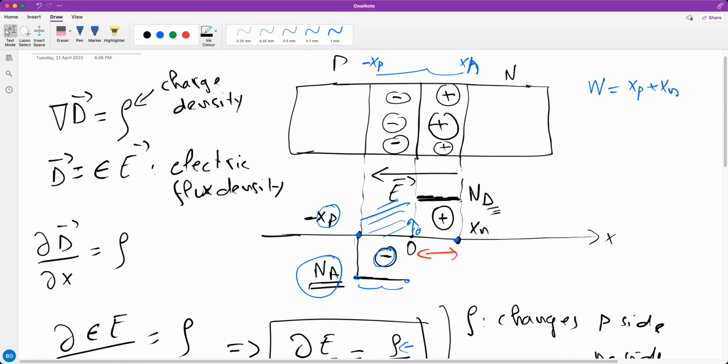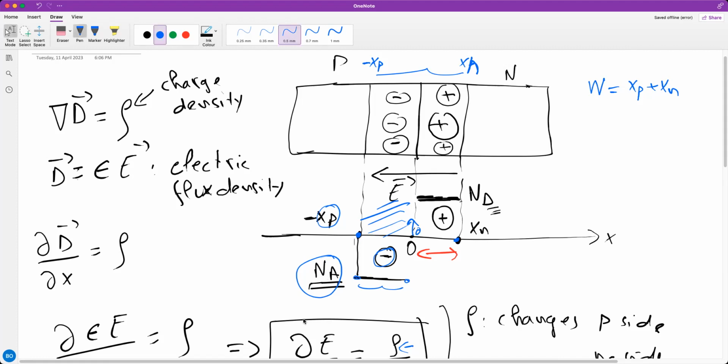Now we want to look at the charge density. What is the charge density? It means the number of charges per unit volume. In this area, the number of charges is the number of acceptors, because each electron will go to a hole.